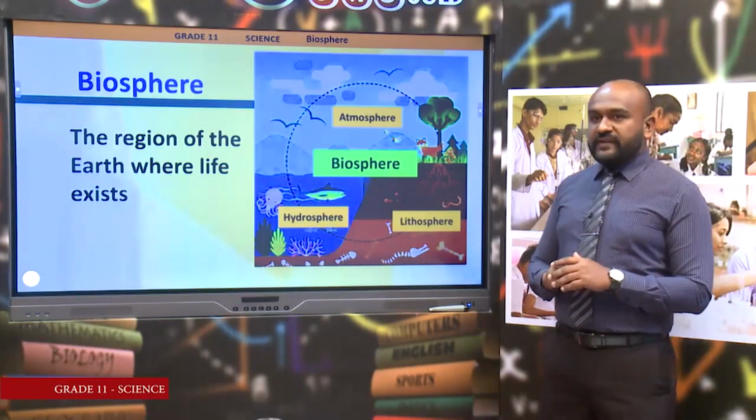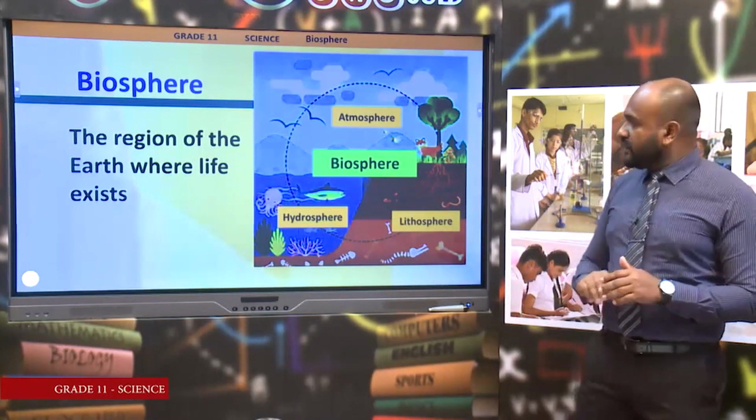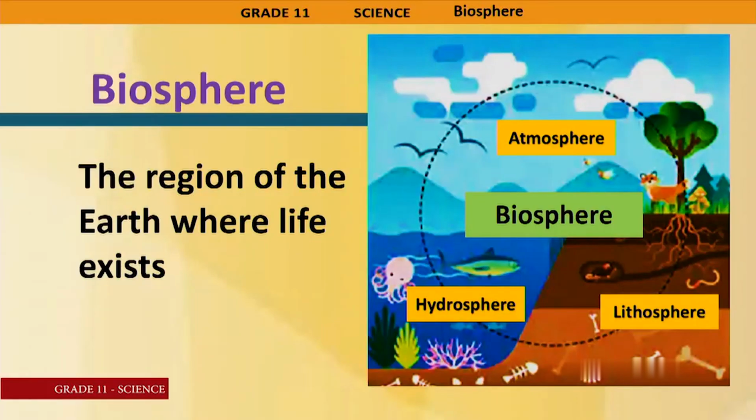Yeah. So, you can see the three components now on the screen. You get the atmosphere, that is the layer of the air around the earth, and also the earth has water in it. The part of the earth where you get water is called the hydrosphere, and the solid part of the earth is called the lithosphere. So, these are the three main components of the biosphere, but again we need to understand, when you get the atmosphere, to a certain extent of the atmosphere organisms can live.